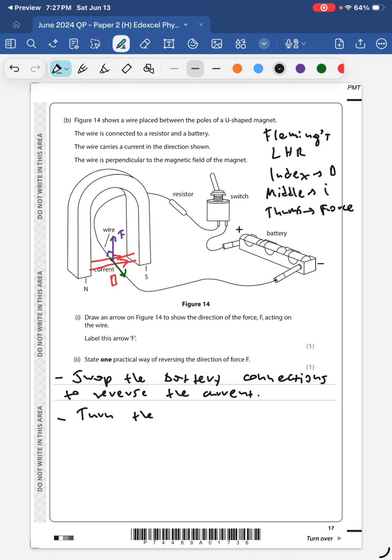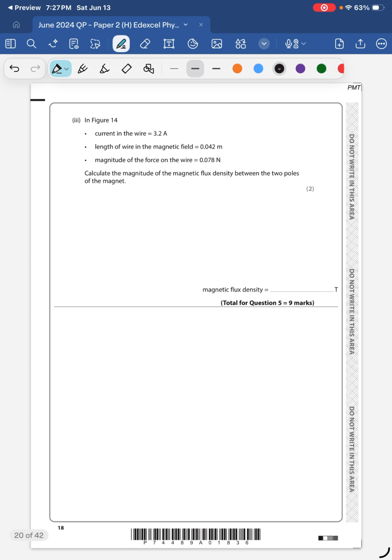So turn the magnet around, so north and south are exchanged. Okay, so that's the answer, and there is a third question.